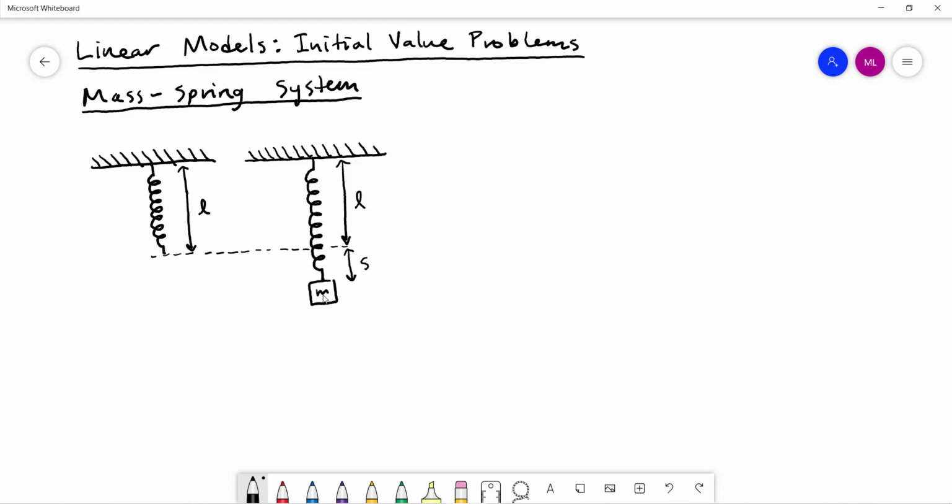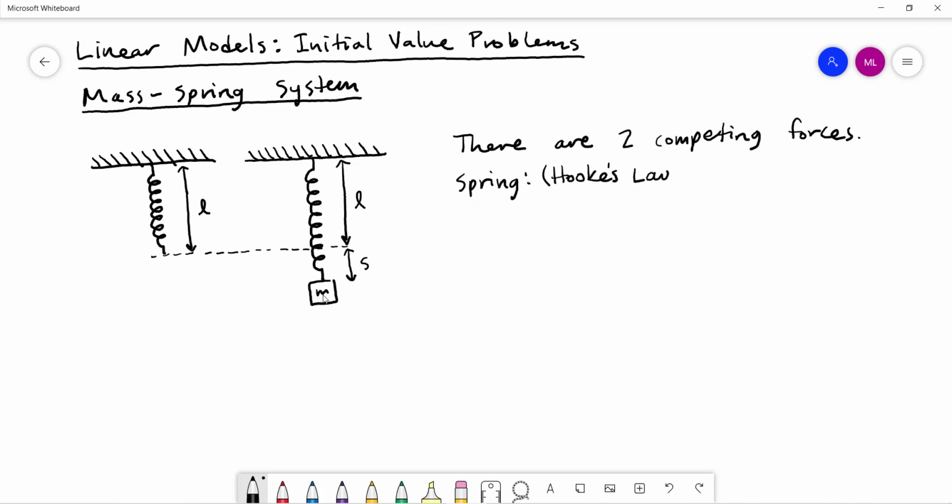The idea here is that there are two competing forces. First is the force of the spring, which is directed upward. This comes from Hooke's law, which is the physics law that dictates how springs work, essentially.